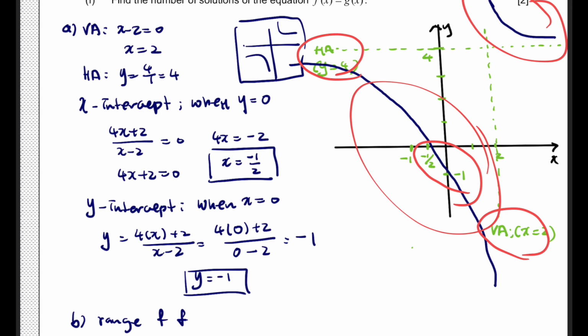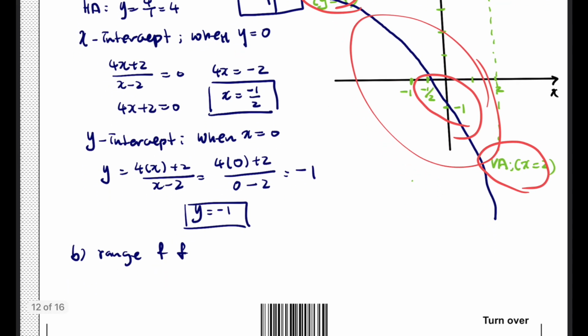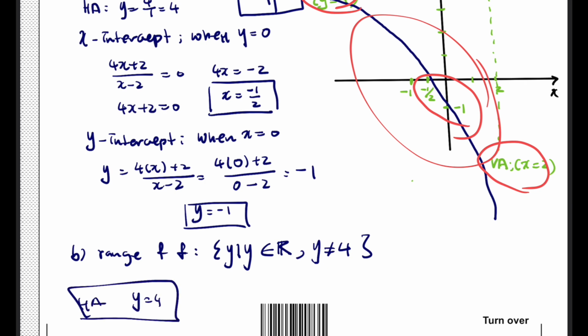So what we can say is that the range of the function is y, where y is all real numbers. However, y cannot be equal to 4, because y equals 4 is our horizontal asymptote, right? So our graph never passes that line. So we have to mention that the y values are all real numbers, but never equal to 4.